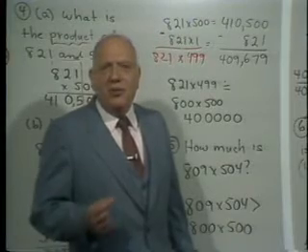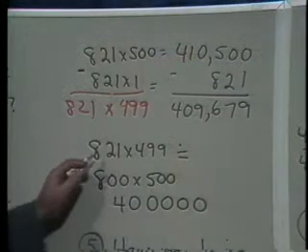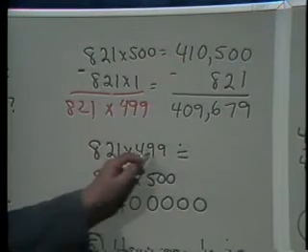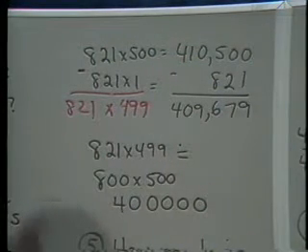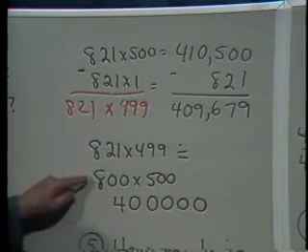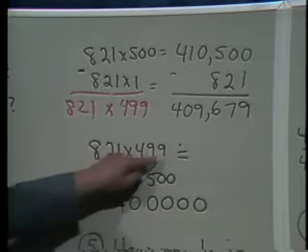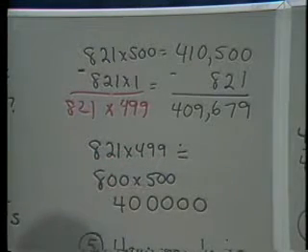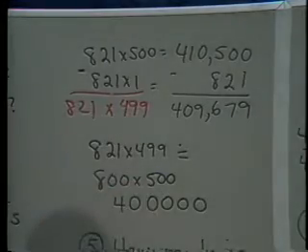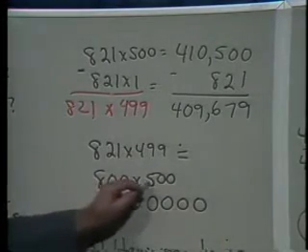I really don't care which way you do Part B, but here's what I do care about. I want you to be able to look at a problem like 821 times 499 and say, look, here's where rounding off comes in. 821 is rounded off to the nearest hundred to be 800. And 499 to the nearest hundred is 500. And 800 times 500 is an easy problem to do, because 8 times 5 is 40.